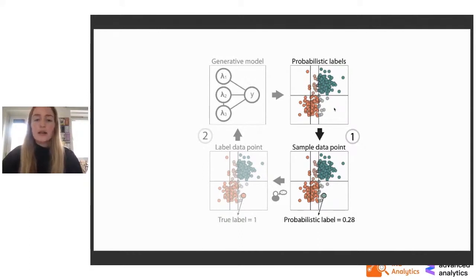But our setting is a little bit different, because instead of a pool of unlabeled data points, we actually have these probabilistic labels for our data sets already, and we want to choose from there which of the points would be useful.